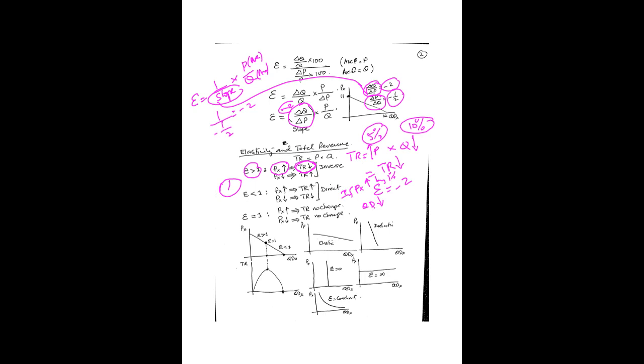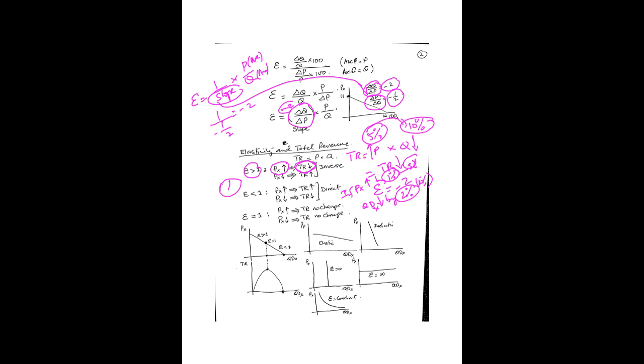So for each 1%, you have 2%. So if the price increases by 5%, then the quantity falls by 10%, twice. That is why I wrote -2. And I don't have to explain all this again.